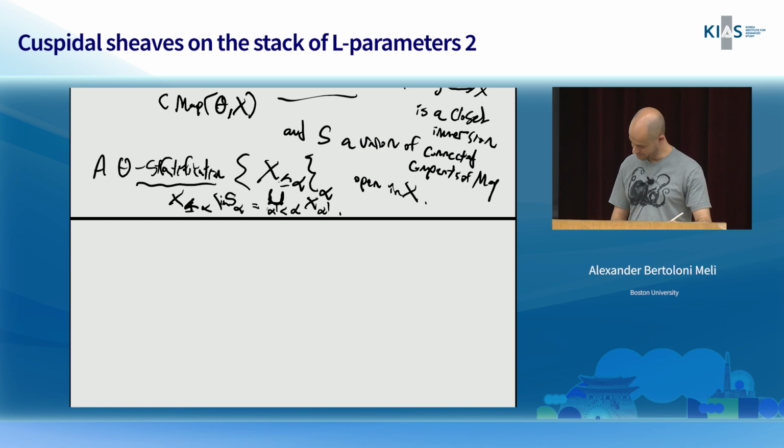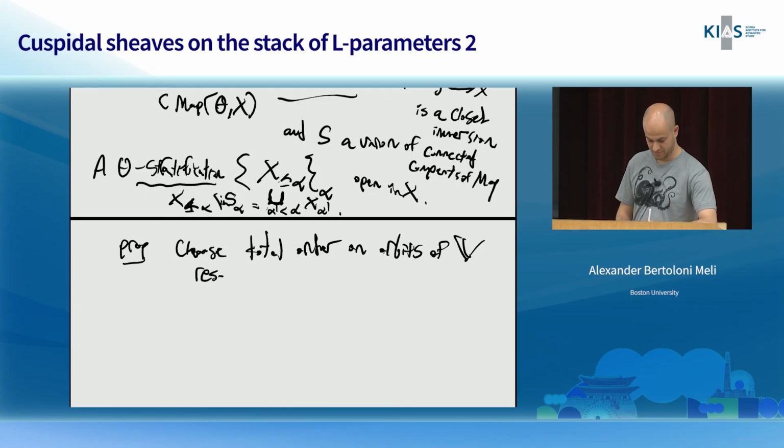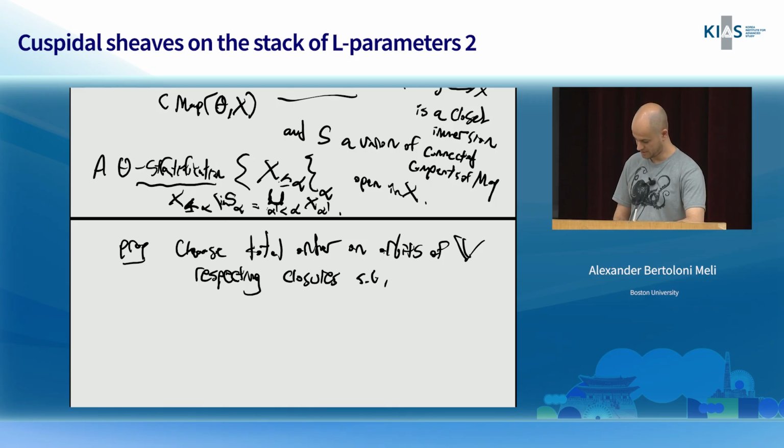Okay, so the proposition is that we can choose a total order on orbits of V respecting closures, such that the open orbit is C0, and the last one is the trivial orbit.